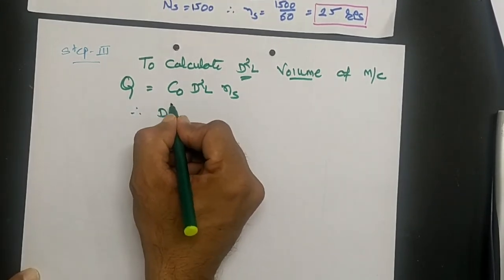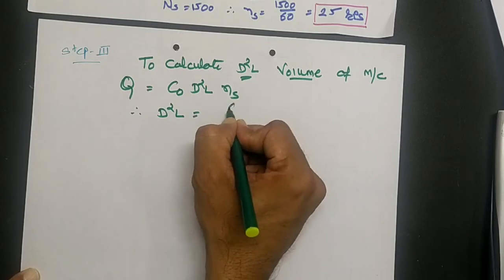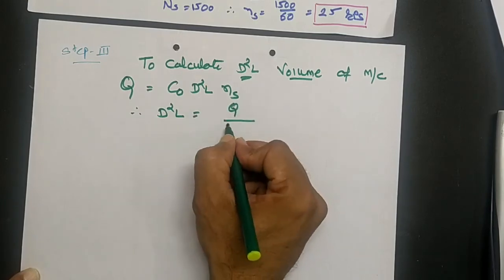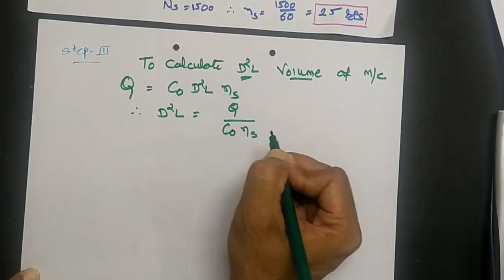Therefore d square L is Q divided by CO and ns.